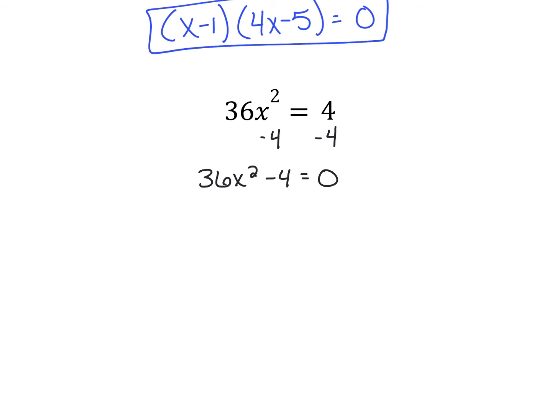Does 36x squared and 4 have anything in common? I see that they both have a 4 in common. So I'm going to divide both of them by 4, factor out that 4, and I will be left with 9x squared minus 1 equals 0.